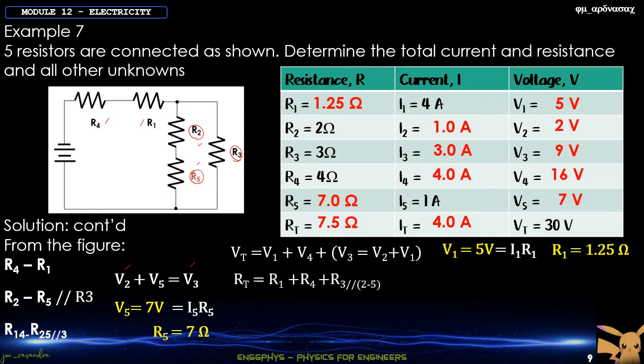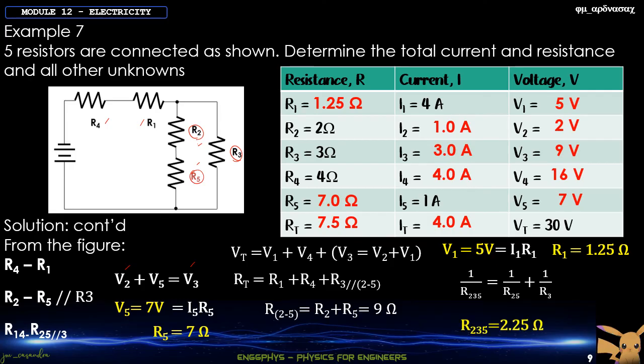Okay, so for your R total, another way to solve for this is by R1 plus R4 plus the combination of 2, 3, and 5. So for 2 and 5, the combination of the resistance is 9. Okay, so compute for the total resistance or equivalent resistance of 2, 3, and 5. So that will be 1 over 9 plus 1 over 3. So R235 is 2.25.